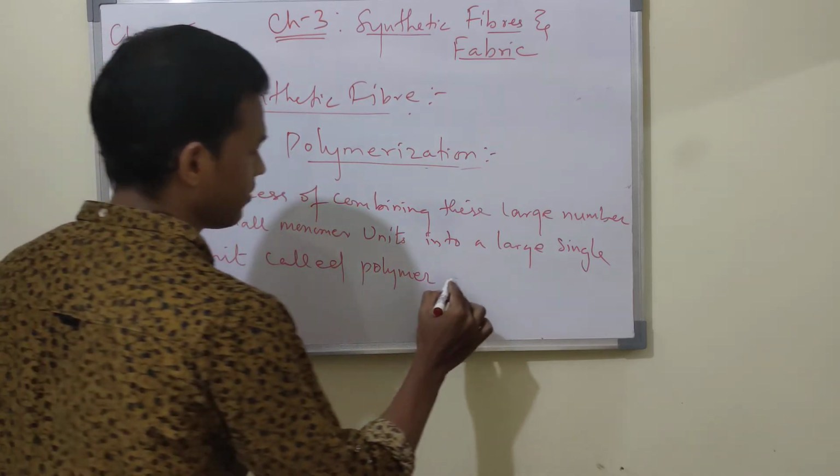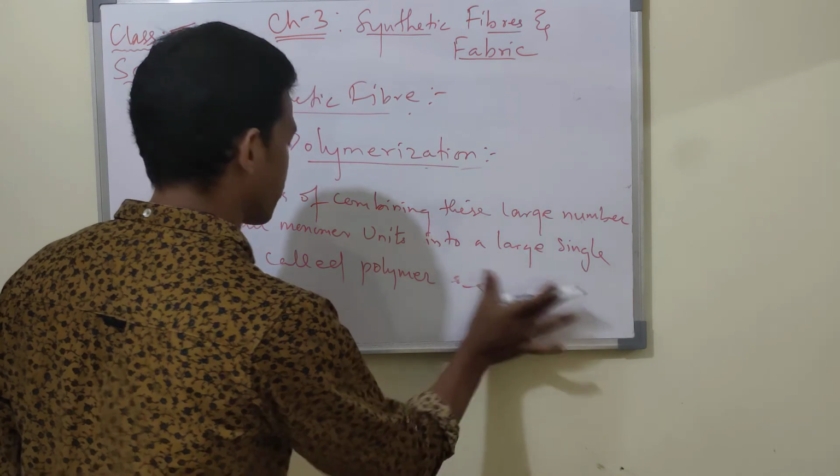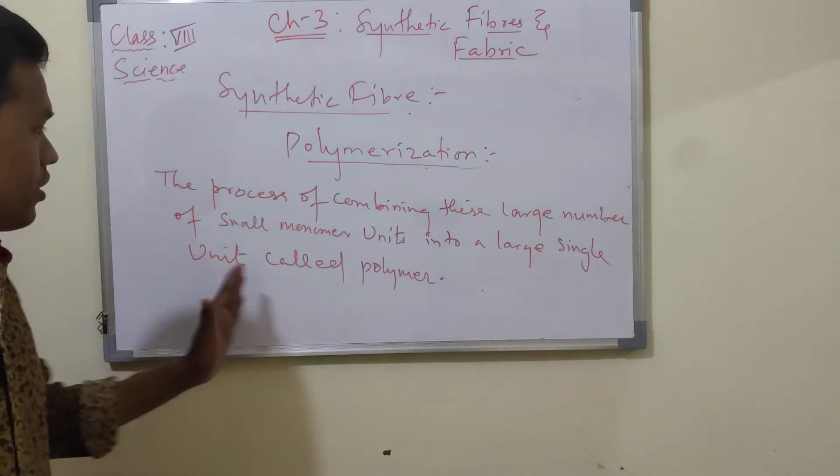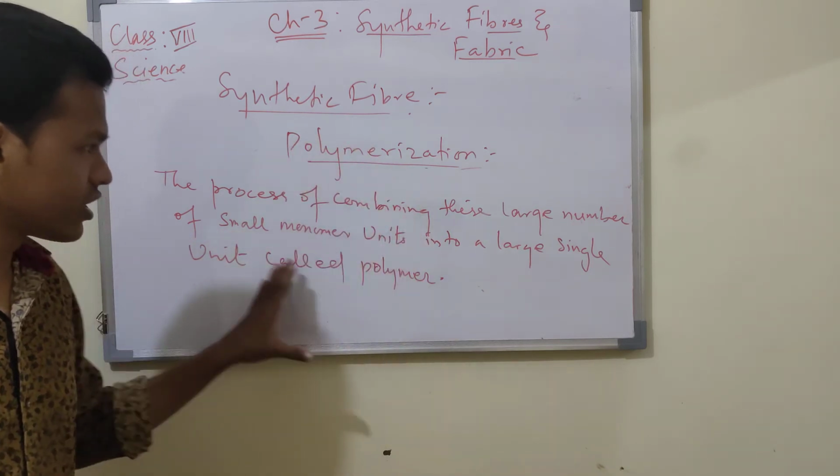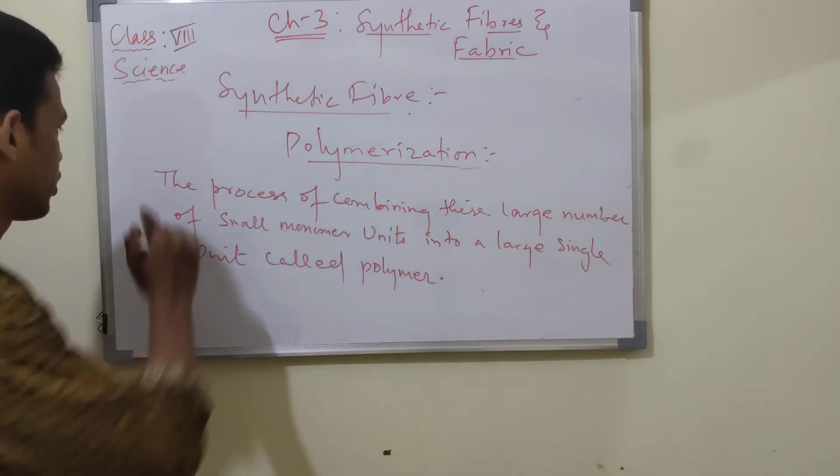This process is termed polymerization. So a large single unit is called polymer, and this process is known as polymerization.